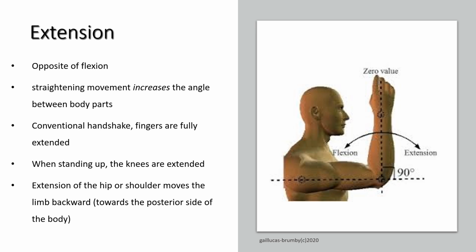A conventional handshake is done with fingers that are fully extended. When we stand up, the knees are extended. Extension of the hip and shoulder moves the limb backwards towards the posterior side of the body. So we're increasing the distance between two parts of the body when we extend.